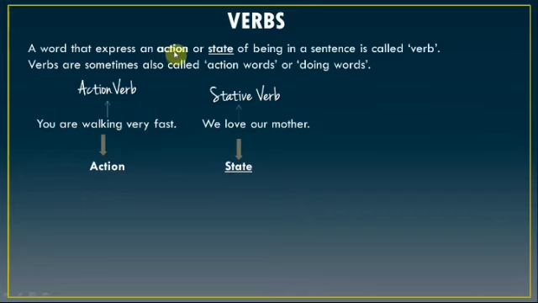There are two kinds of verbs, one which shows an action and the one which shows the state of the subject. It might be a feeling. Here in this case, love is a feeling. Just keep this point. The one which shows an action, you may call it action verb, and the one which doesn't show any action is called stative verb.